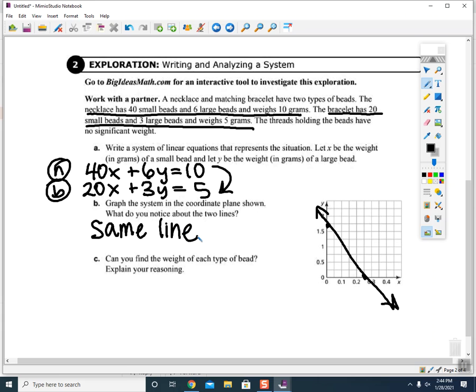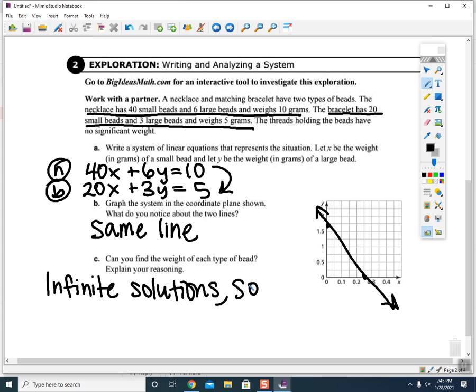And so then the question is, can we figure out the weight of each type of bead? Well, if we look at the system of equations, what is the solution? If it's the same line, I know that there are infinite solutions. Because there are infinite solutions, I cannot know what the actual answer is.